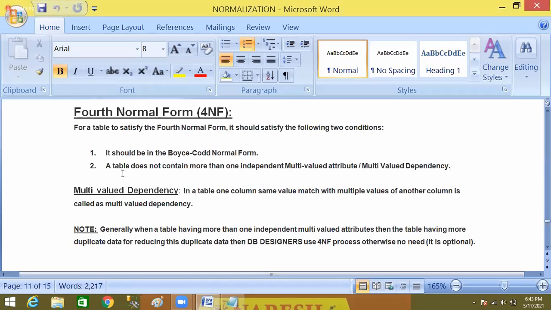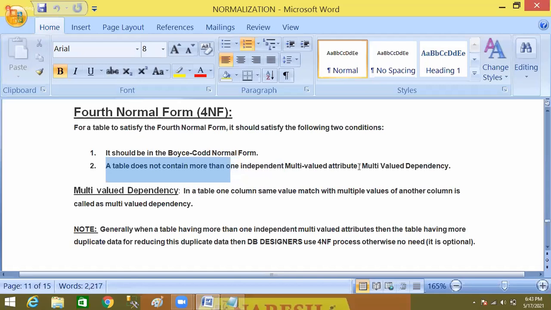And the second one is very important, observe: a table does not contain more than one independent multi-valued attribute. It's nothing but multi-valued dependency.